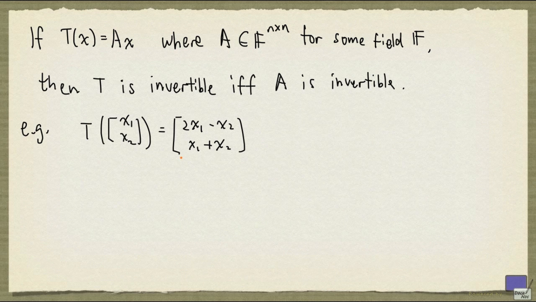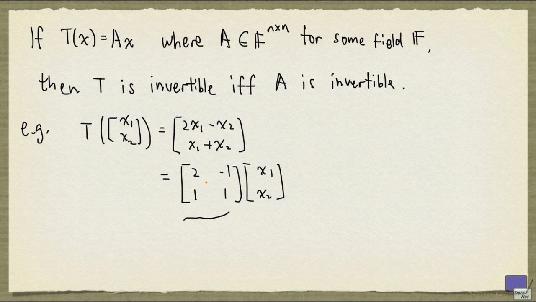So we can first rewrite this as the matrix (2, -1; 1, 1) times (x1, x2). So we have now written the linear transformation in this form here. And so we just need to check if this is invertible.